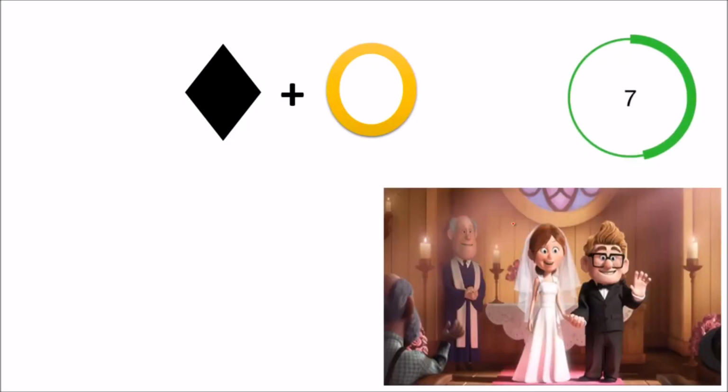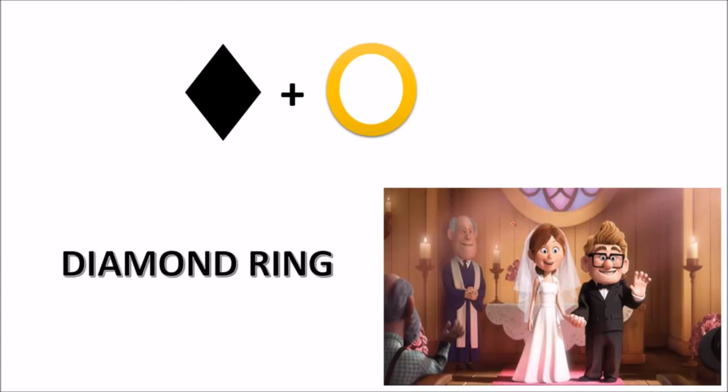This is your clue. Your answer is something that's used in this occasion. Time's up. And your answer is diamond ring. This must be a very simple one. Okay, your next question.